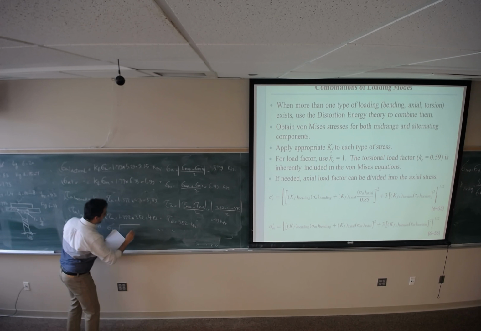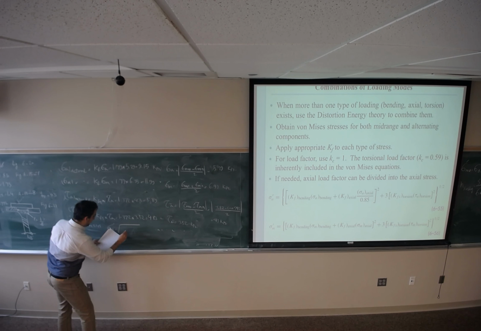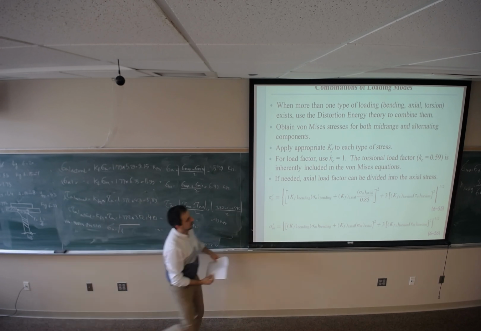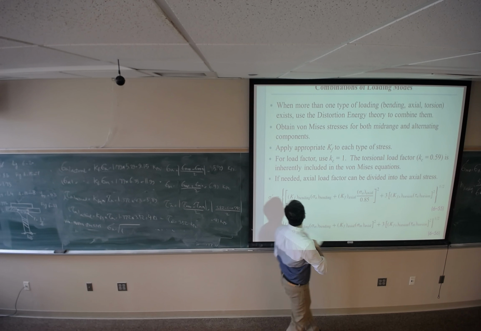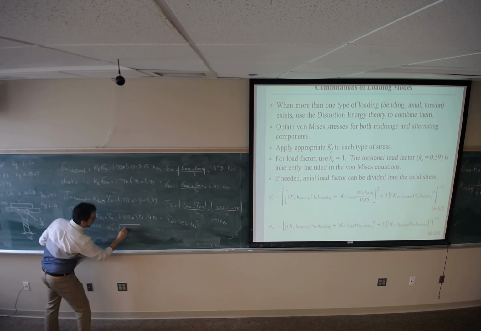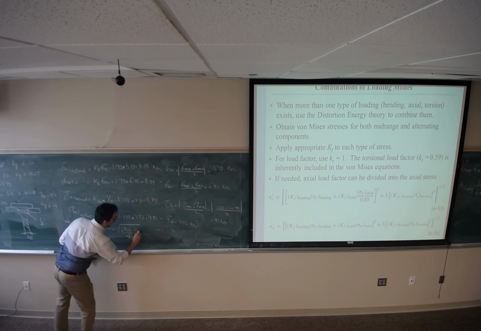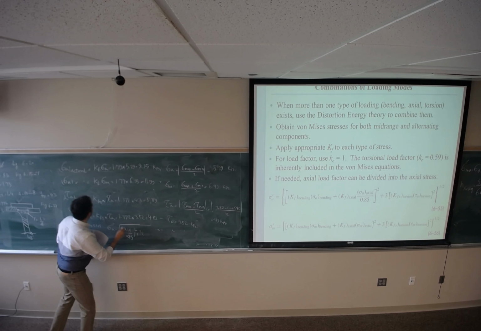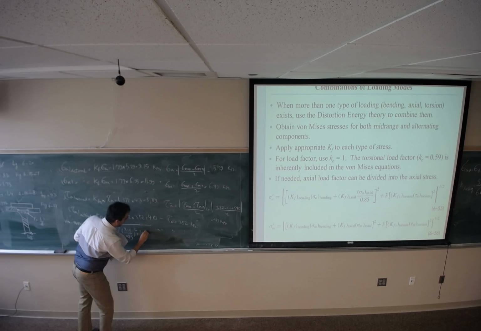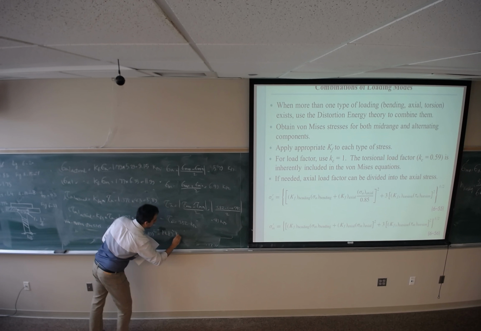Sigma prime a would be a square root, it has a square root at the end. This times this is going to be 9.15. 9.15 times the coefficient of 0.85, squared, plus 3 times tau a actual, which is 5.89, squared. That gives 14.83 kpsi.